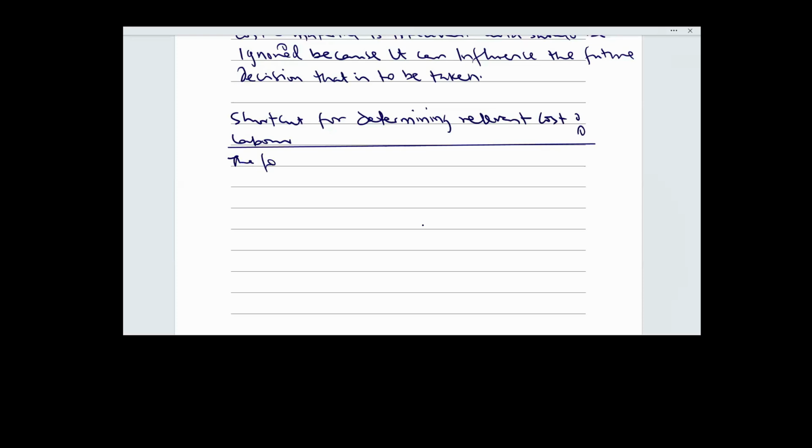The following items should be examined critically when determining relevant cost of labor.